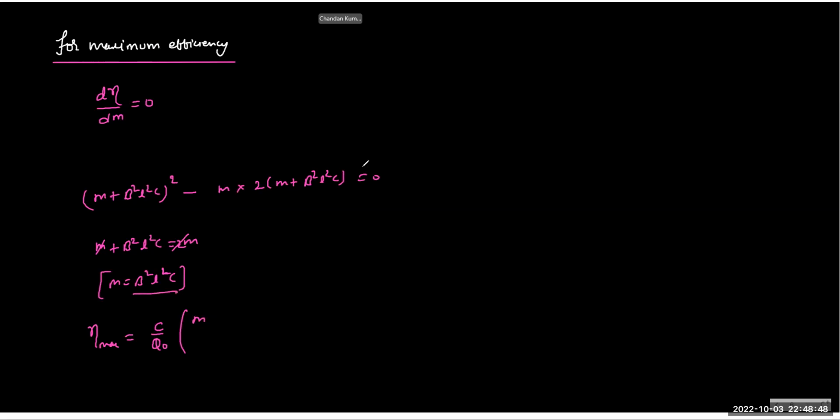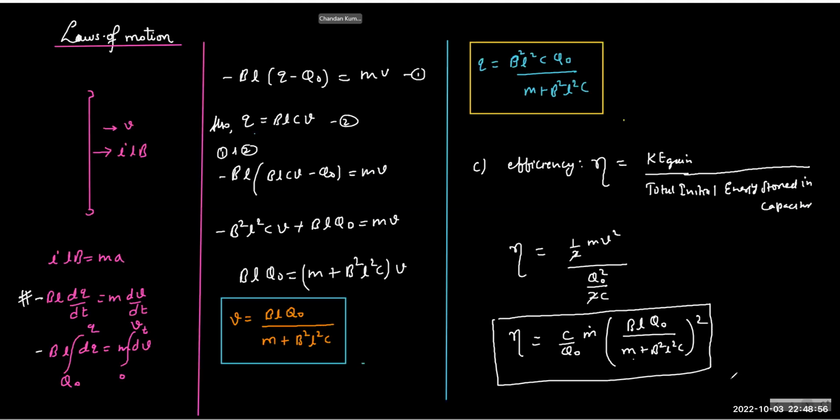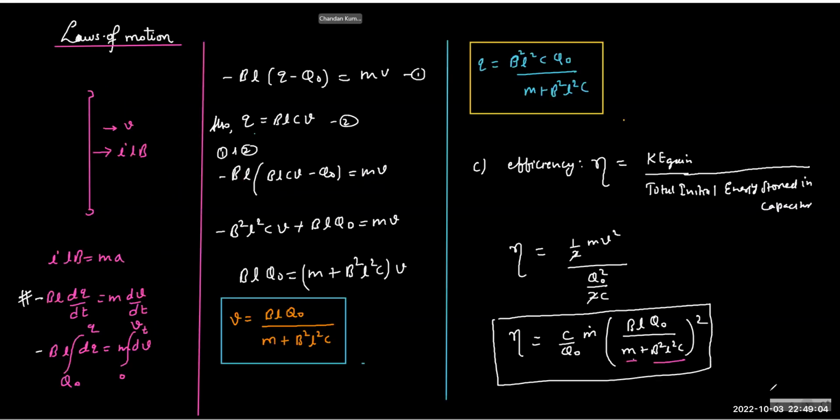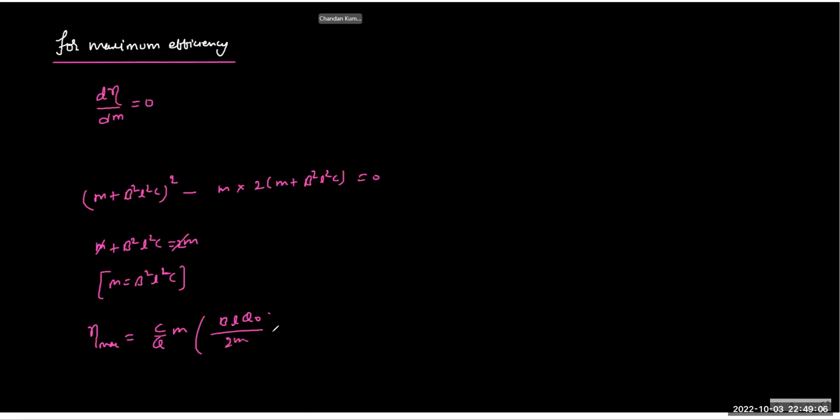We can replace this by M. So let's replace that by M. So at M, and what we have here, BLQ naught upon, and this is equal to M, so we can add 2M. So add 2M whole square. So this becomes CMB square L square Q naught square by 4.